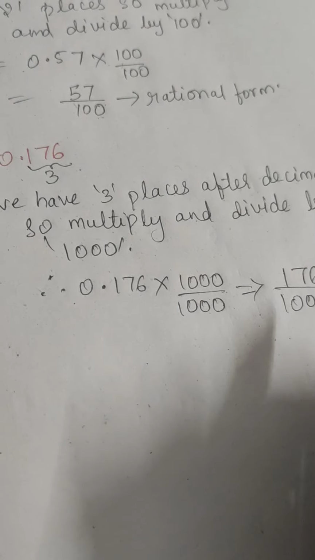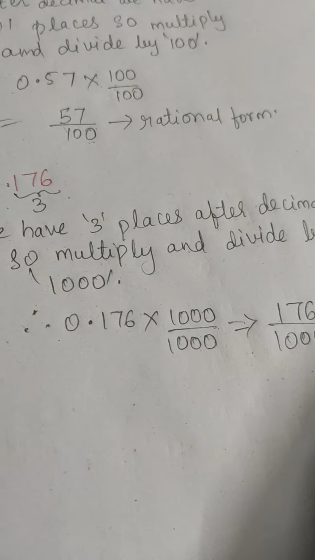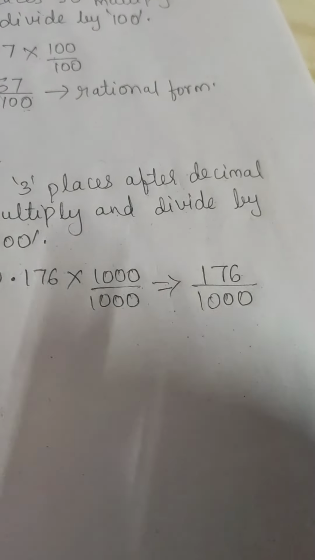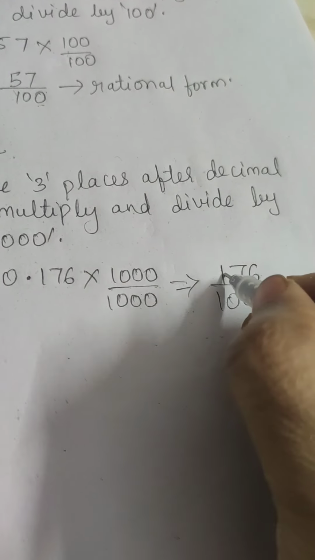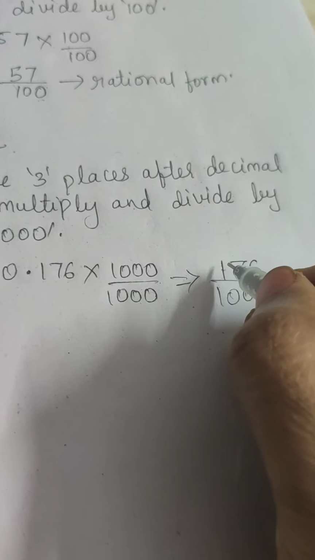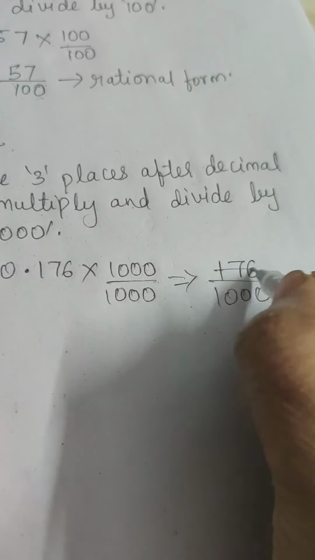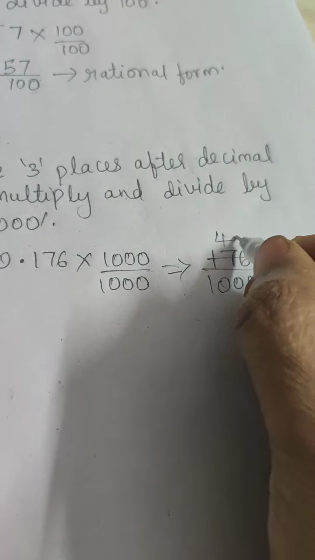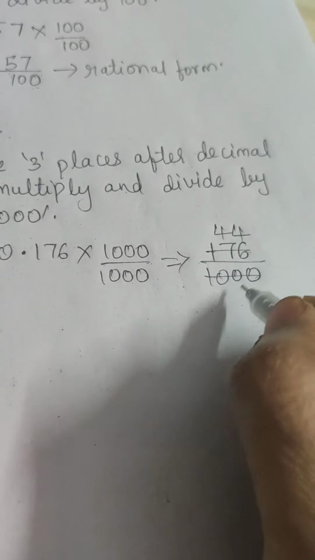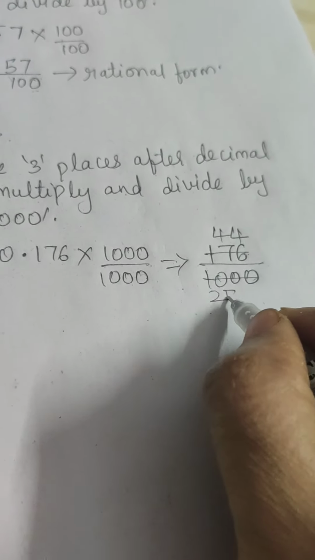We can cancel this by 4. 4 4s are 16, 4 4s are 16, 4 2s are 8, 4 5s are 20.